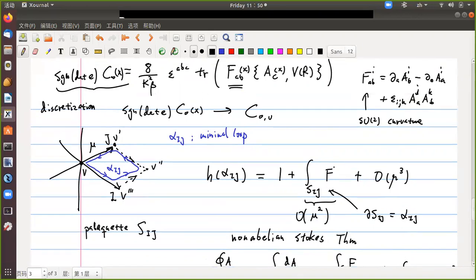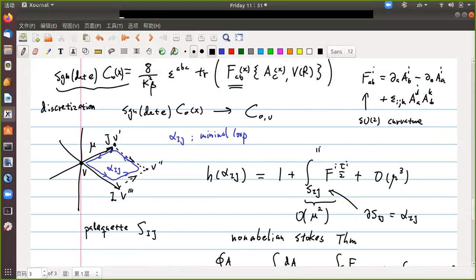F is a two-form, and it is matrix valued: because this holonomy is a 2 by 2 matrix, F is also a 2 by 2 matrix. This F is just F, and I ignore the AB because it's just a two-form.